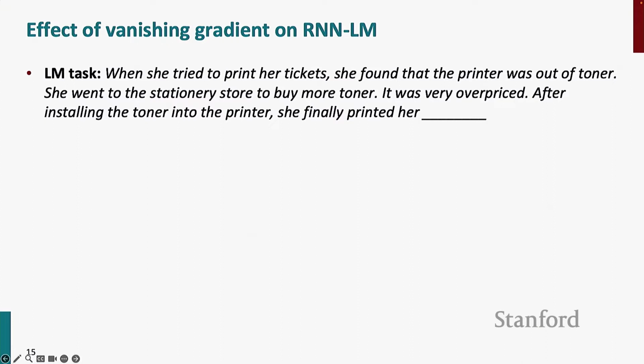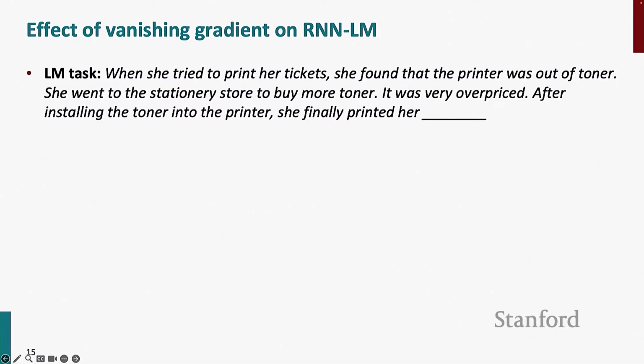To a human being, it's obvious we can predict this with pretty much probability 1, so really low perplexity for making this decision. But that depends on getting back to the tickets, which are about 20 odd words back. If you're just seeing "installing the toner into the printer, she finally printed her," it could be anything. It could be her paper, her invitation, her novel, lots of things.